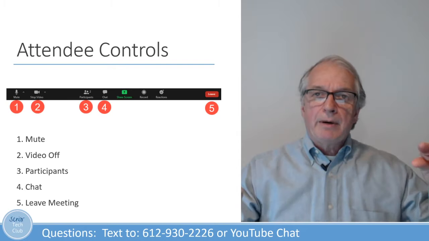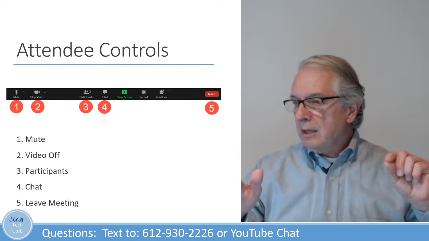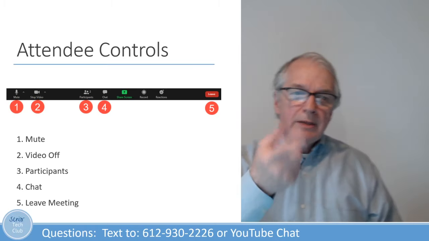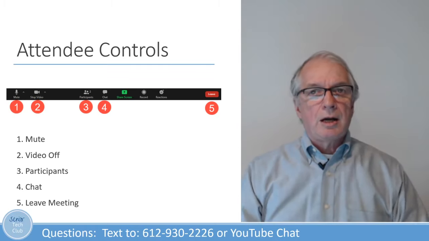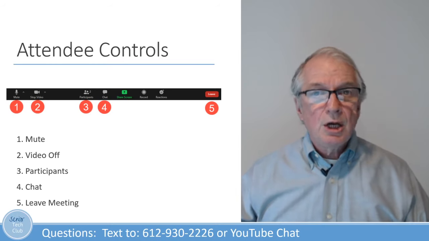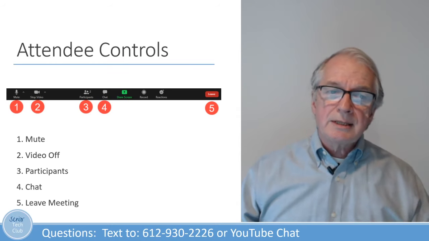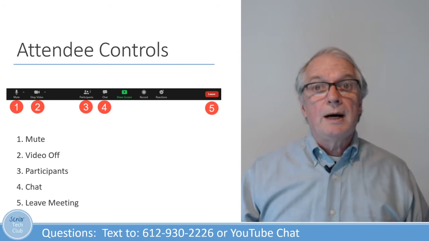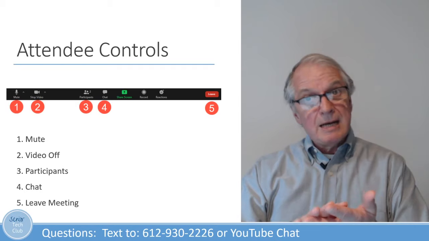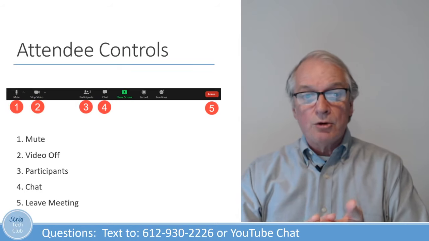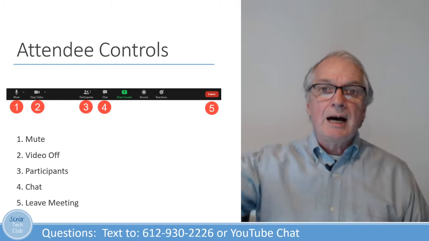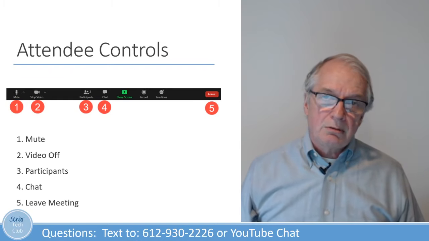But if you look at that bar, if you are running Zoom on a desktop or a laptop computer, this bar is going to be down along the bottom, and you're going to use it to then control various elements of this meeting. If you are running Zoom on a device like a tablet, like an iPad or an iPhone, you're going to find more of these controls up at the top layer of the screen, right?